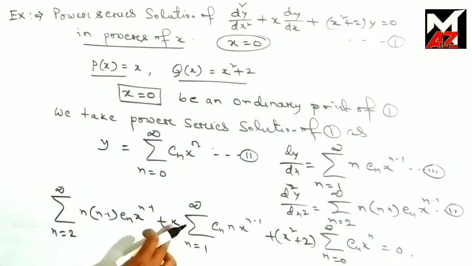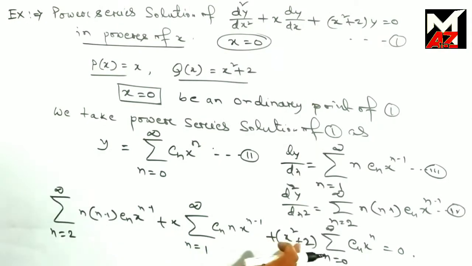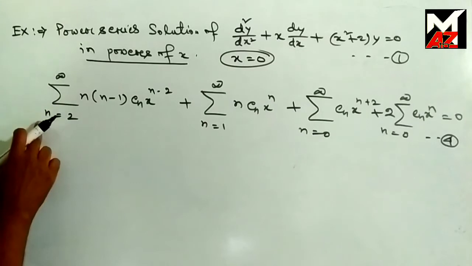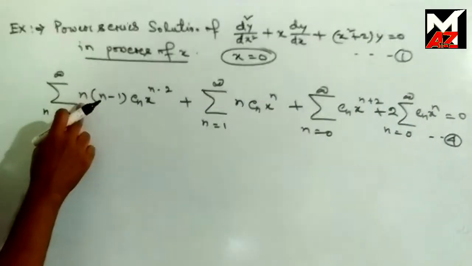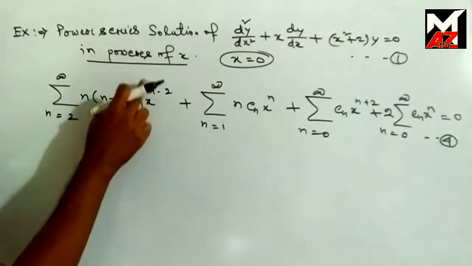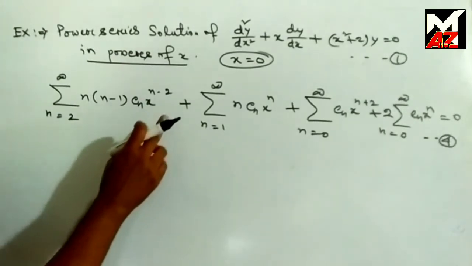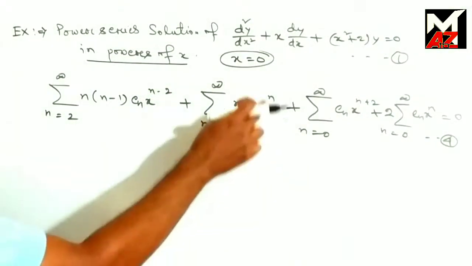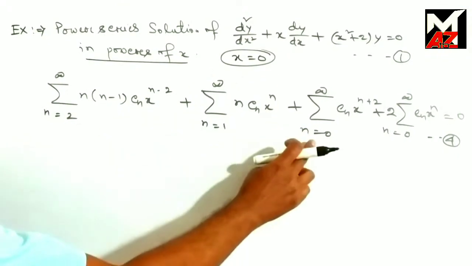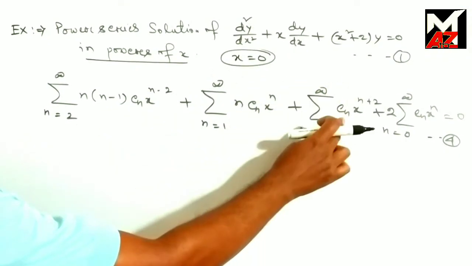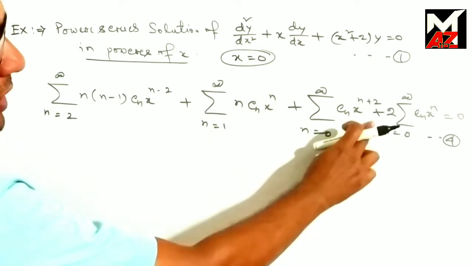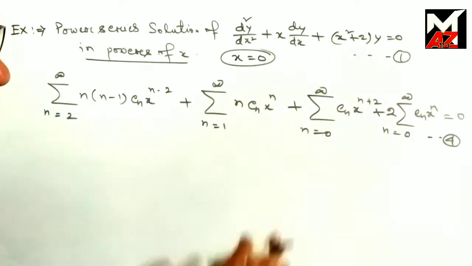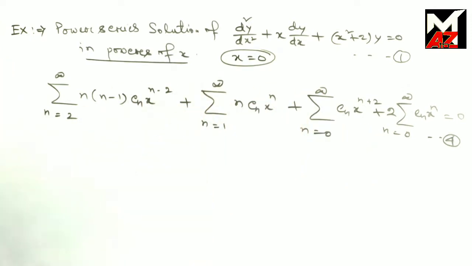And multiplying by x and by x square plus 2, we get the result as summation n equal to 2 to infinity n into n minus 1 cn x to the power n minus 2, plus summation n equal to 1 to infinity n cn x to the power n, plus summation n equal to 0 to infinity cn x to the power n plus 2, plus 2 into summation n equal to 0 to infinity cn x to the power n equal to 0, and this is 5.